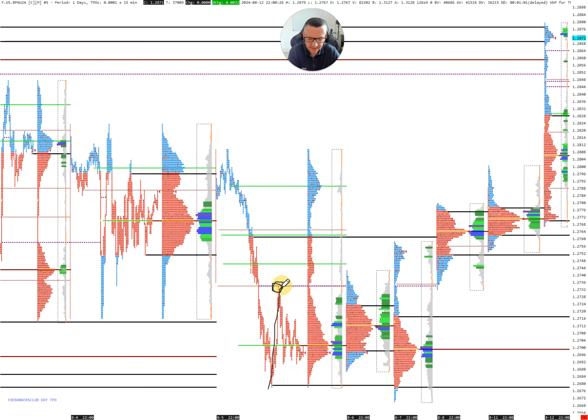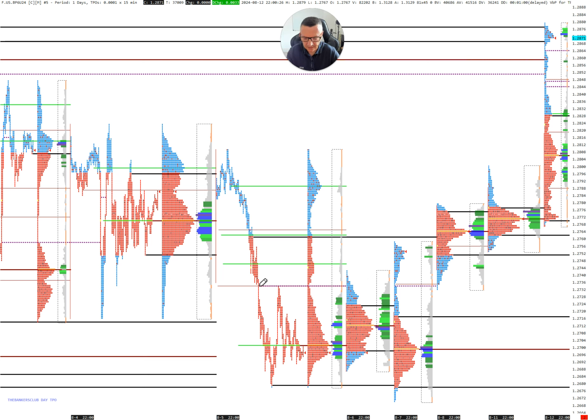And I haven't spoke about single prints before, but I'm going to speak about them a little bit now, okay, and why they are very important in my trading decisions. So when a single print is created, it means prices move very, very quickly in one direction or the other. So my interpretation of a single print is where institutions or big players have got involved in the market and moved price one way.